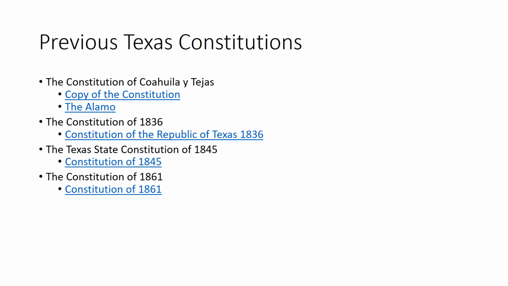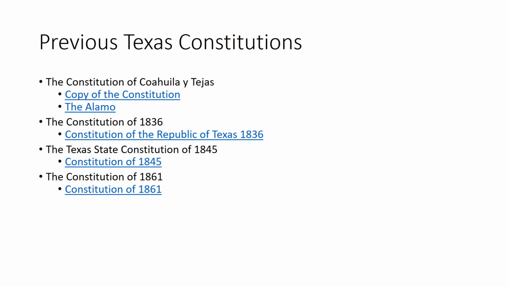But the question of secession divided Texas along regional, ethnic, and partisan lines. Governor Sam Houston did not support secession, but he was bypassed by a convention of lawyers and slaveholders. Texas voters approved secession in February of 1861.